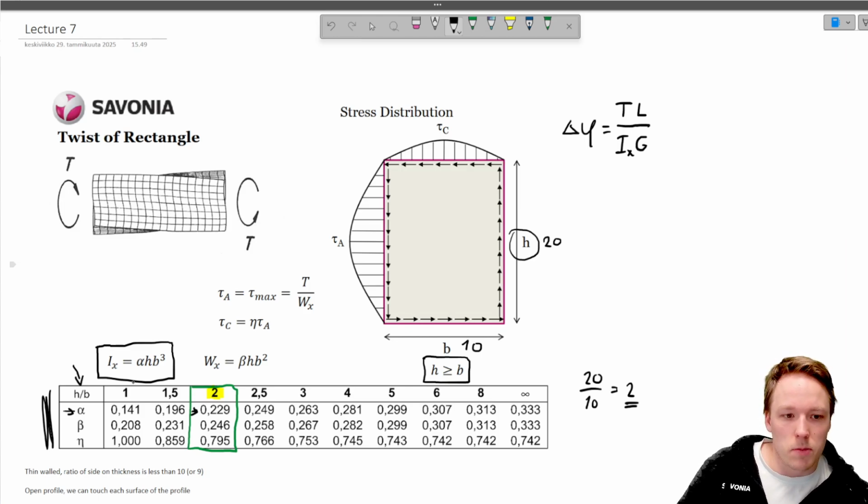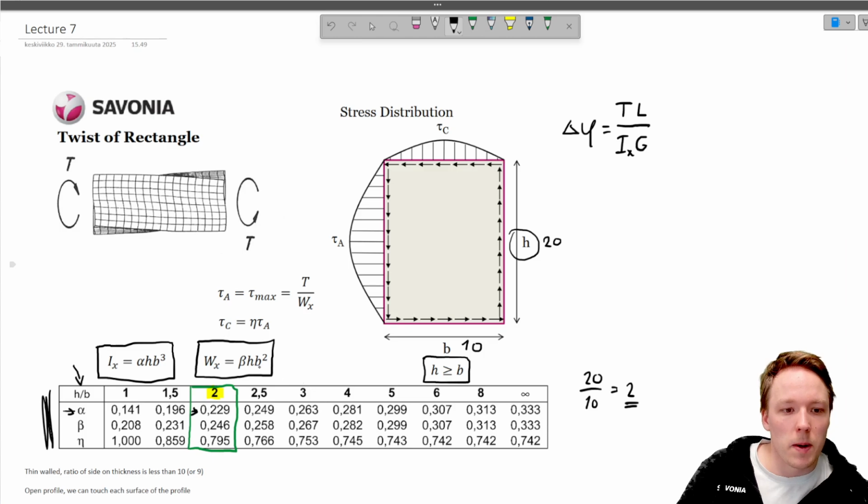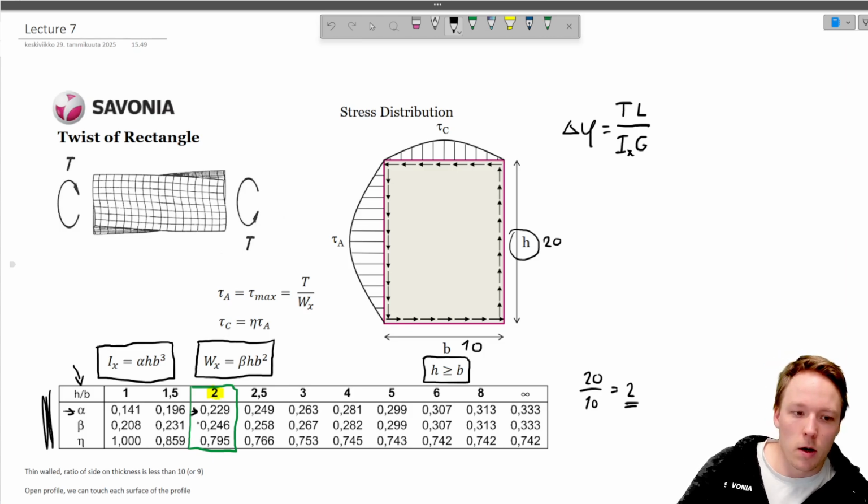What about the section modulus? The equation for the section modulus is basically in very much the same style as for the second moment of inertia, but here we have to use the value beta, which we also get from exactly the same table, using the same ratio of height divided by width of the profile.